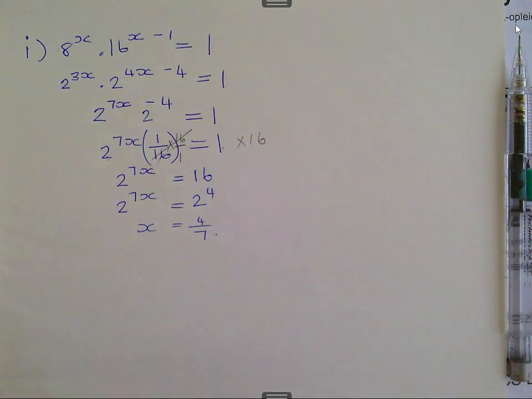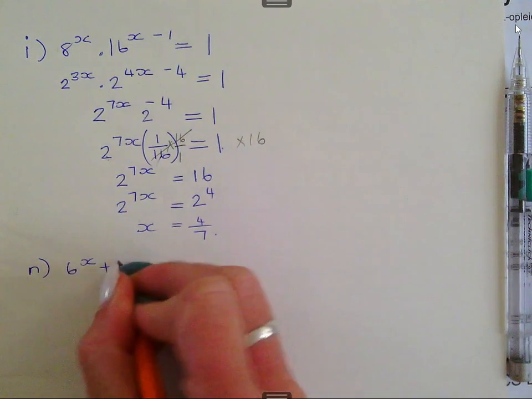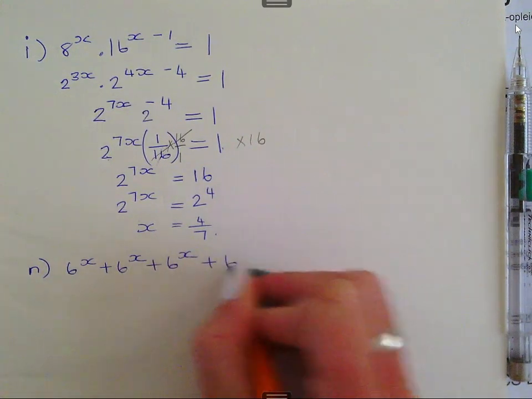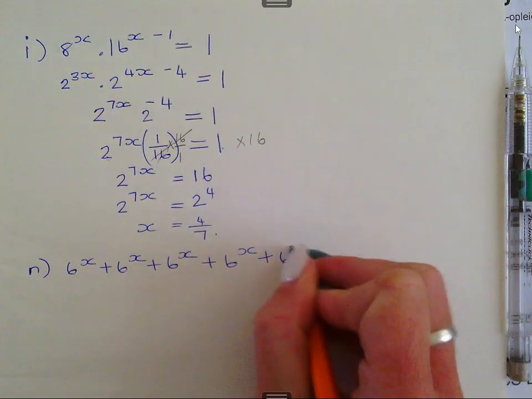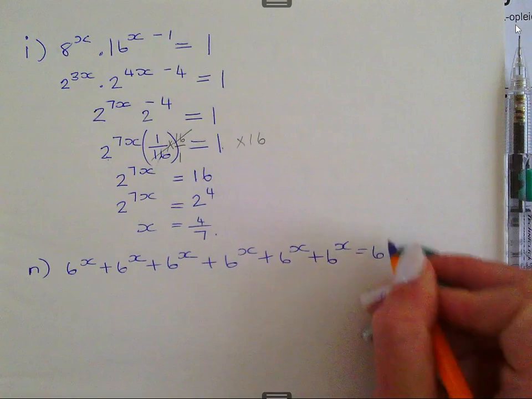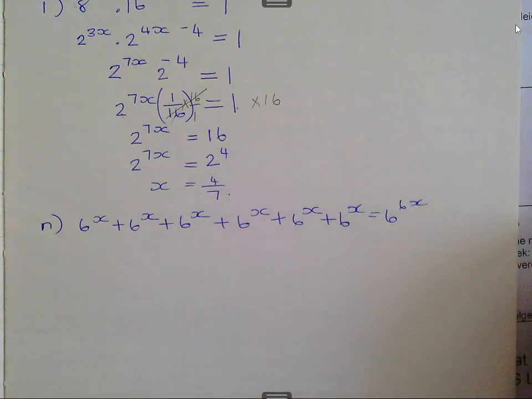Now I'm going to give you just one more. I want you to help me think of a plan that we can do here. There are 6 of them.